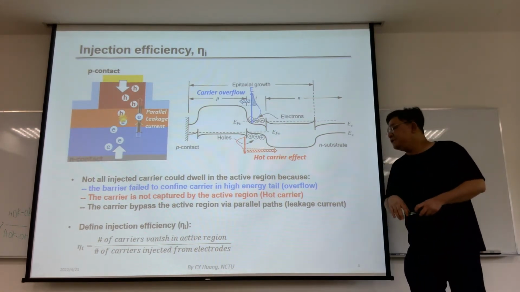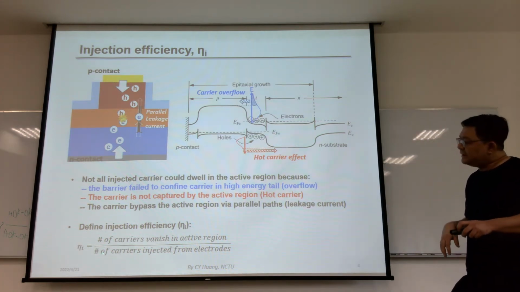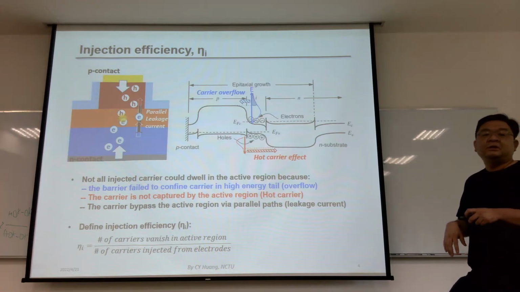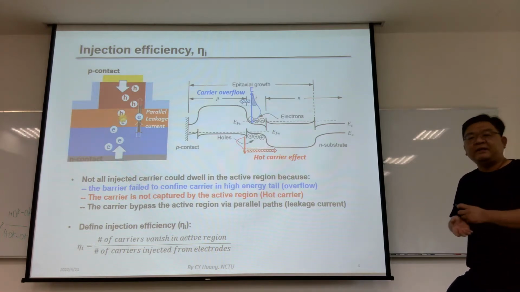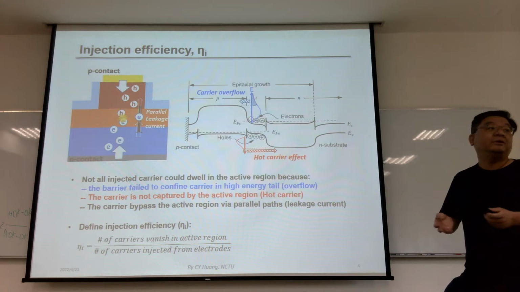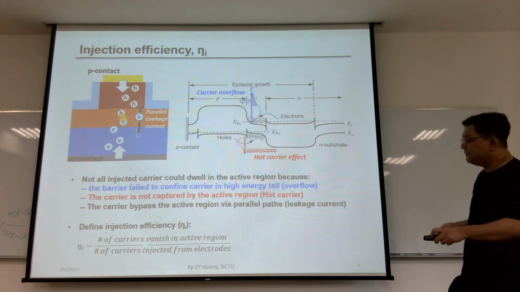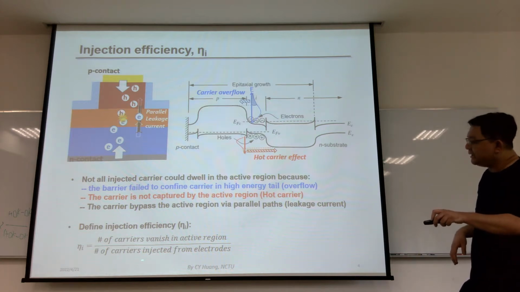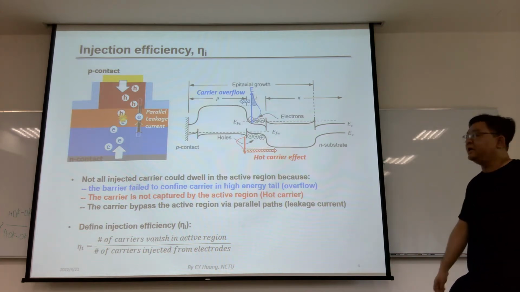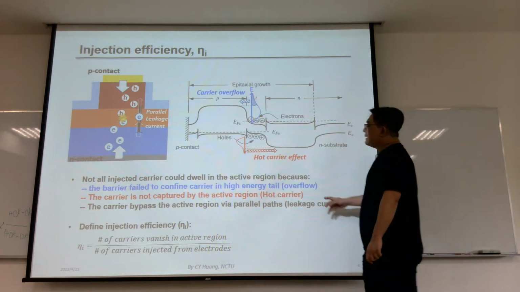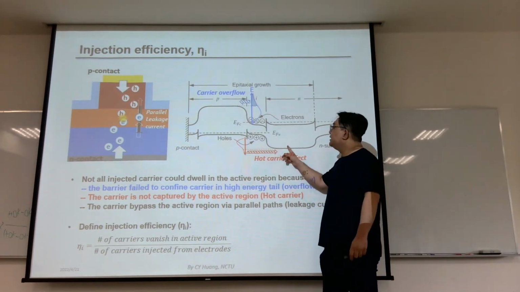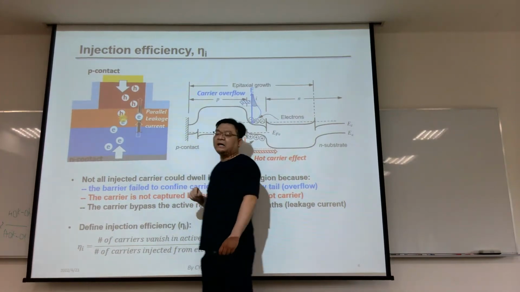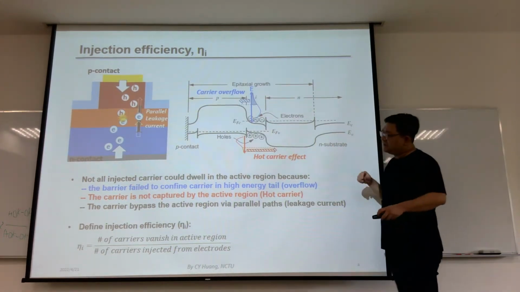Injection efficiency means the number of carriers that really vanish in the active region, no matter whether by radiative or non-radiative means, as long as they vanish in the active region, divided by the carriers really injected from the electrode. Because some might just pass through, or some might leak through other paths. So this defines the injection efficiency.